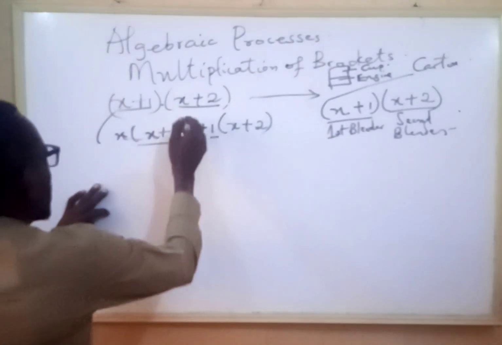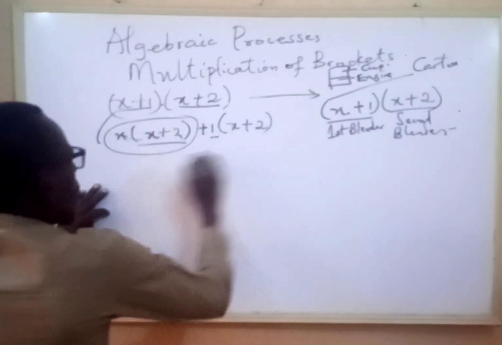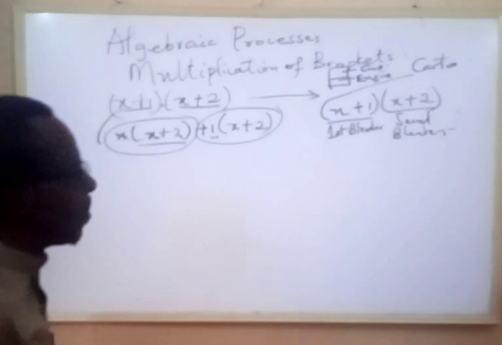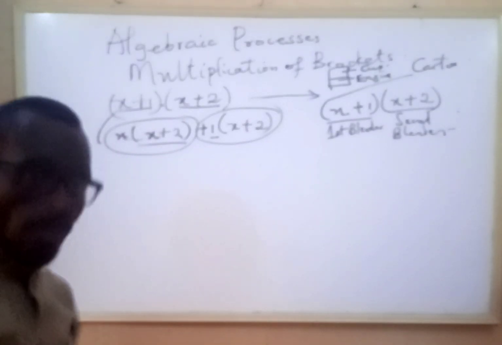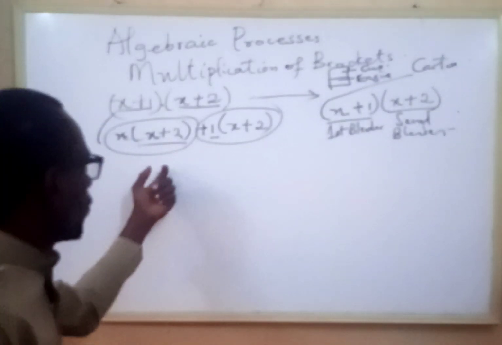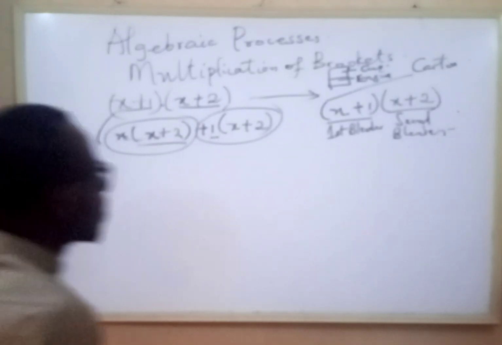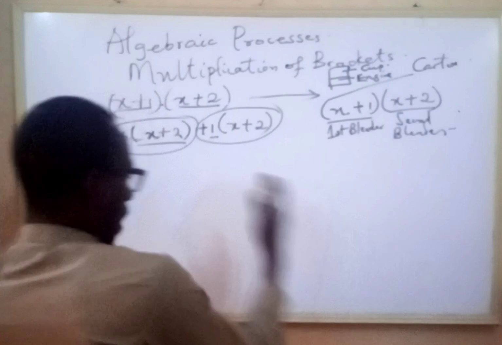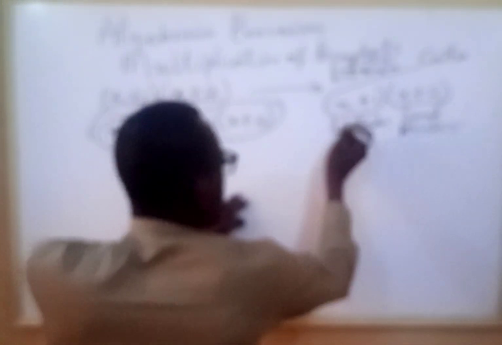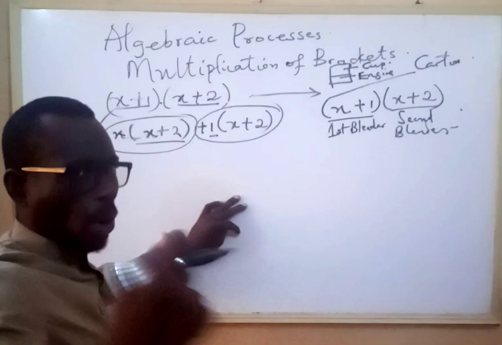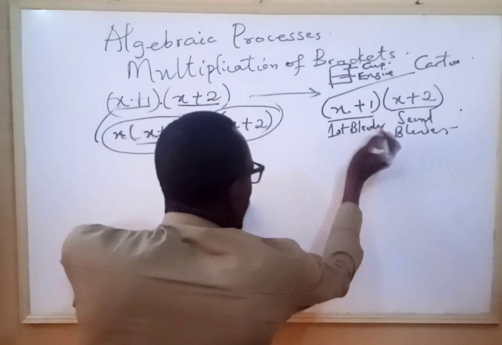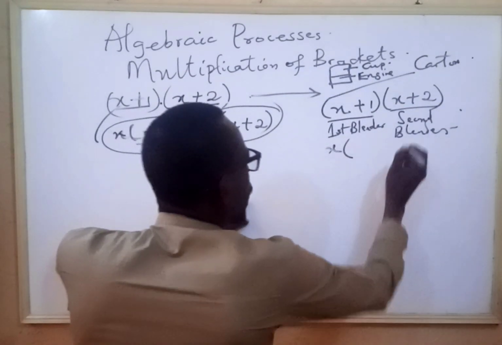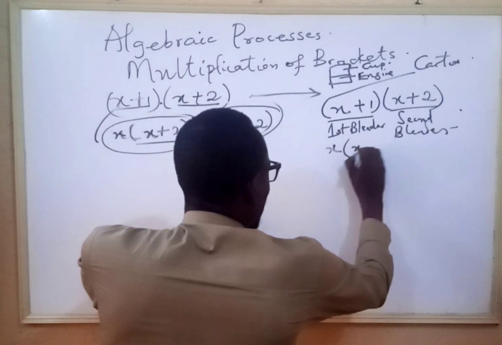We have done the topic of removal of brackets. At this point, let's go through the concrete aspect so that we can compare with what we have done. This is the first blender. We are taking out the engine in the first blender, putting it beside the full carton of the second blender.